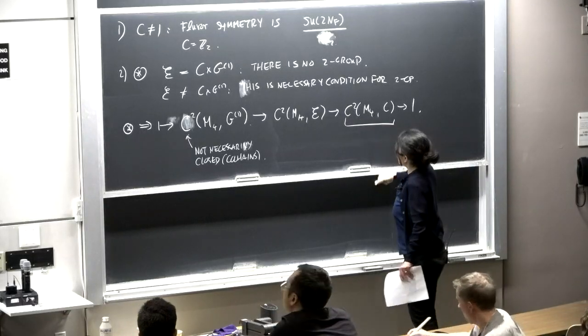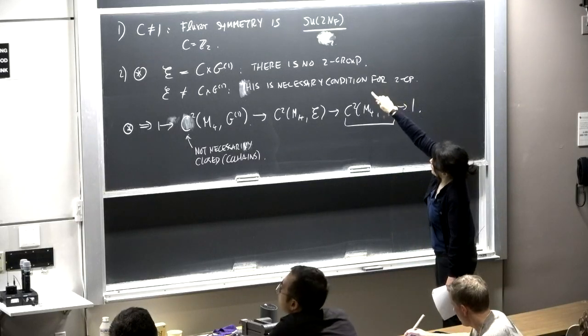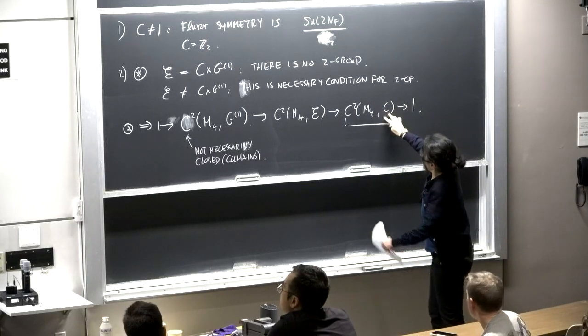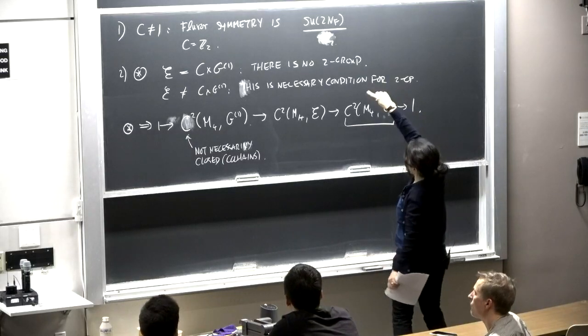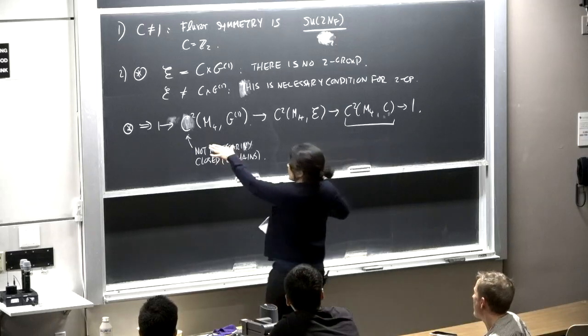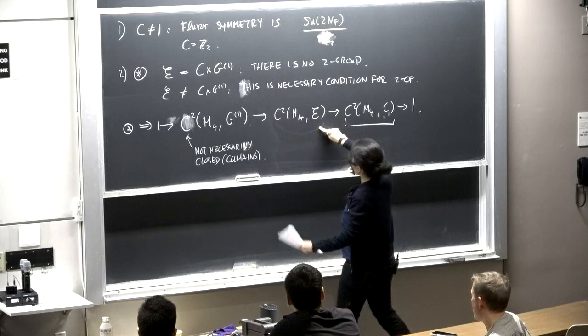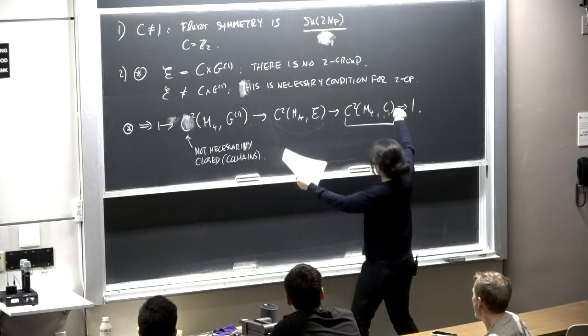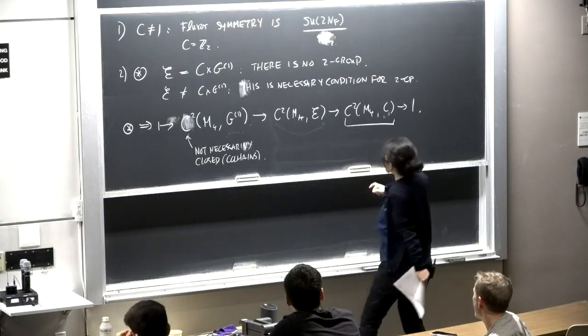Whenever C is non-trivial, and in our case C is non-trivial, this is measuring a characteristic class of this flavor symmetry bundle. And this here would be the background for our one-form symmetry group. If this is non-trivial, because the sequence doesn't split, you'll get a non-trivial element here that's actually not closed.